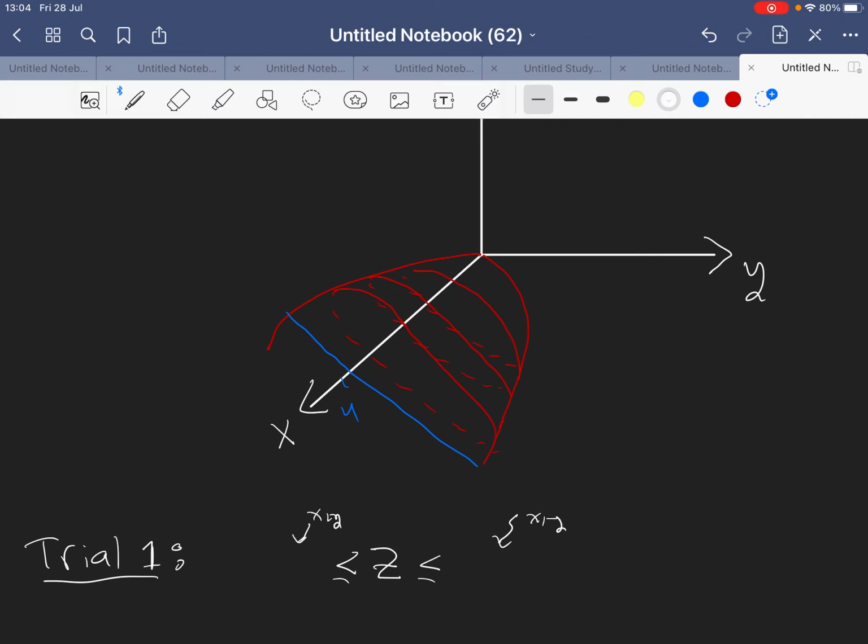Is that something I can do easily? The answer is yes. Remember, z is the elevation. So I will bound z between this straight line here and, from the bottom, by the dotted line.